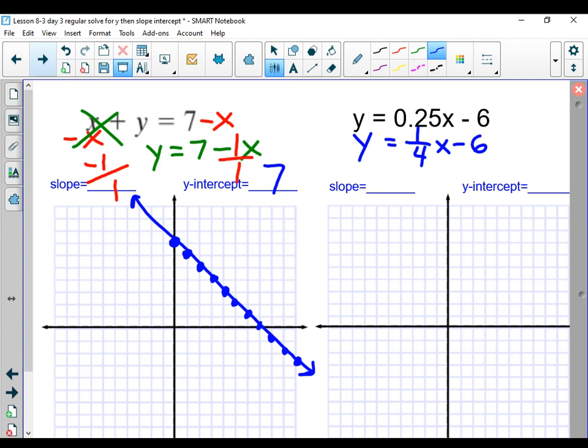Do you know my y-intercept, Savannah? -6. Good job! Mason, you know my slope? 1/4. Thank you. Rise 1, run 4.